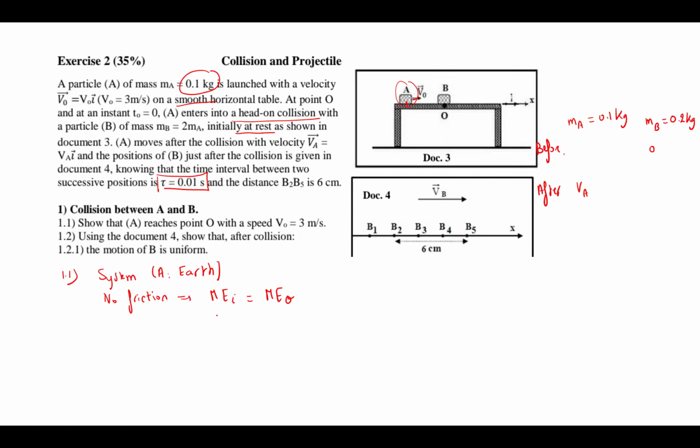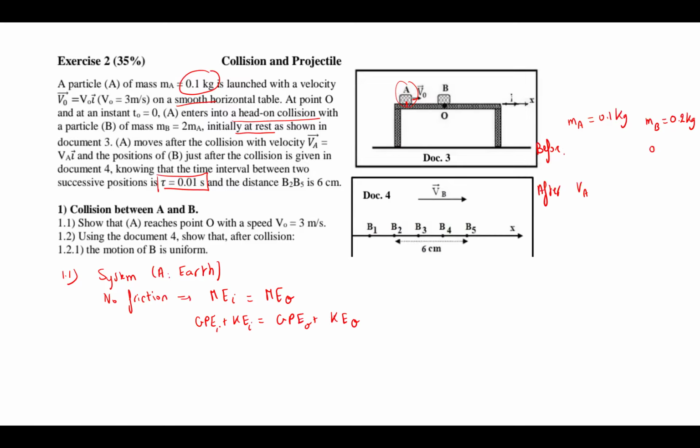So initially, what do I have? We have GPE plus KE. This is point O, this is the initial point. We'll take this one as reference for the gravitational potential energy.